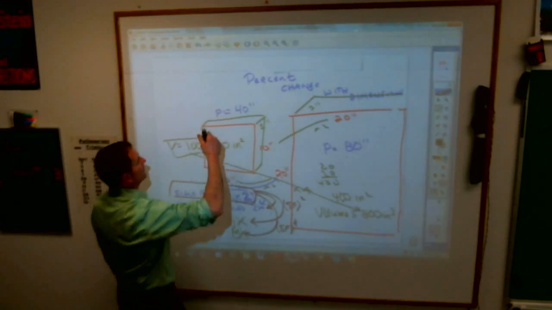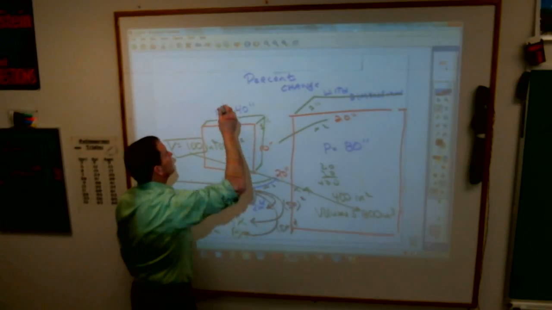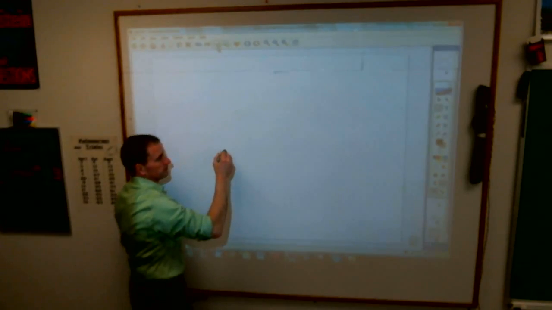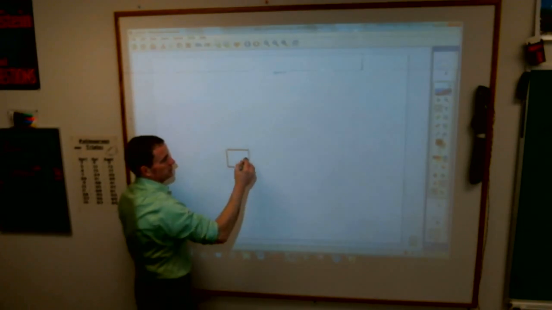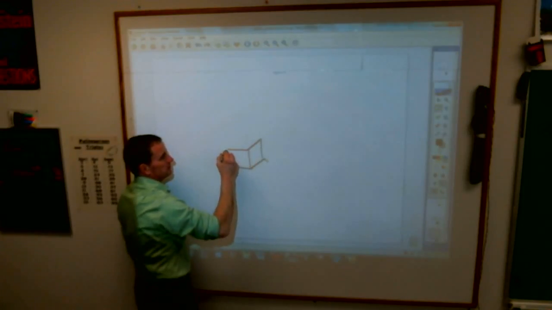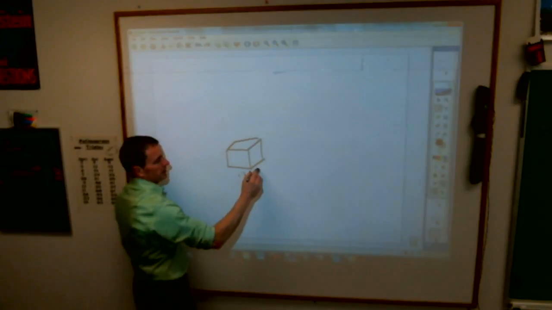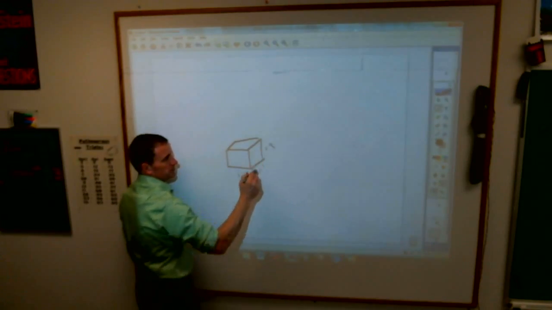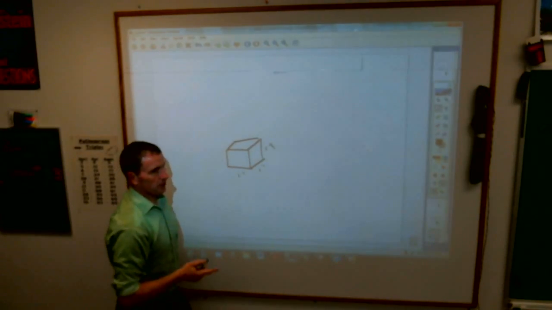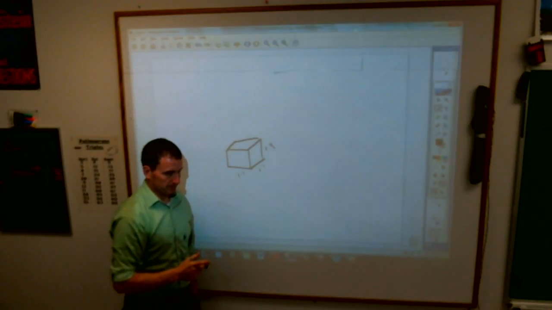So let me throw this at you. Let's start with the cube again, and not use 2, because 2 can sometimes be kind of misleading. Let's make this cube 1 inch by 1 inch by 1 inch. This time let's use a scale factor of 3.